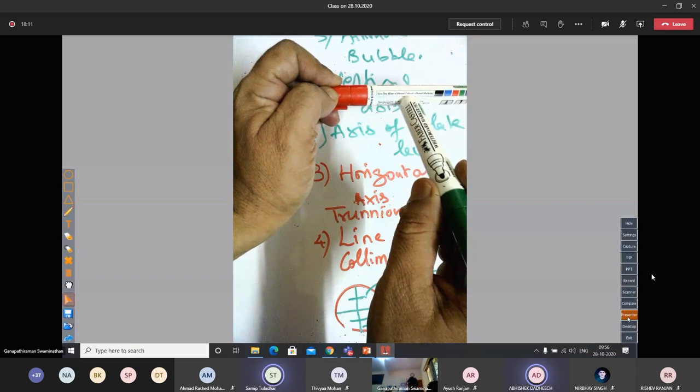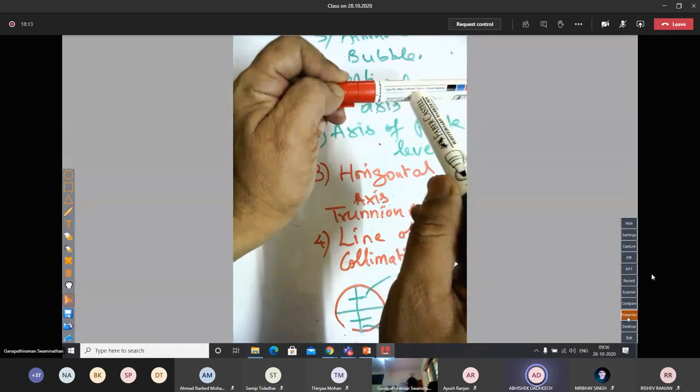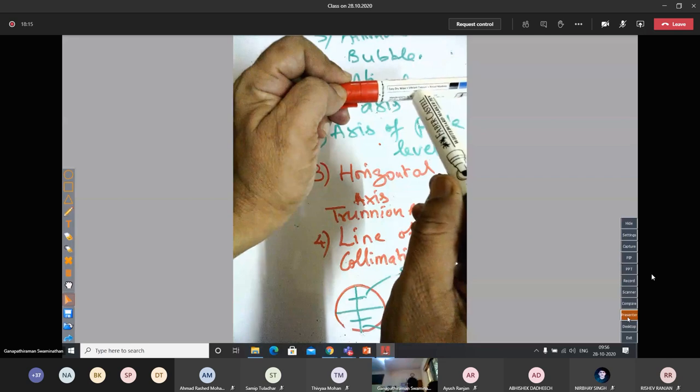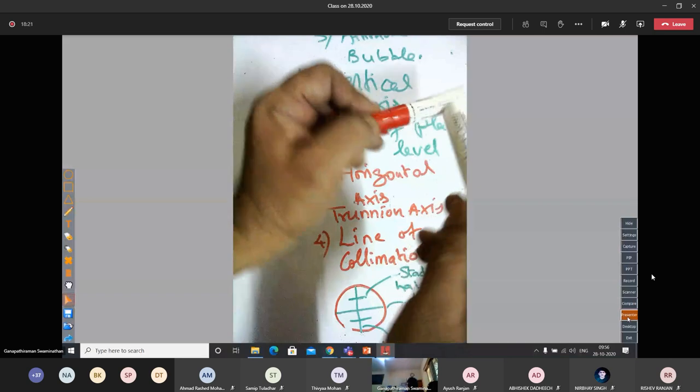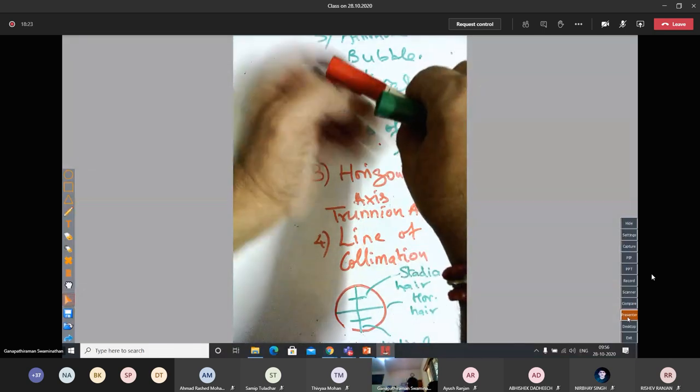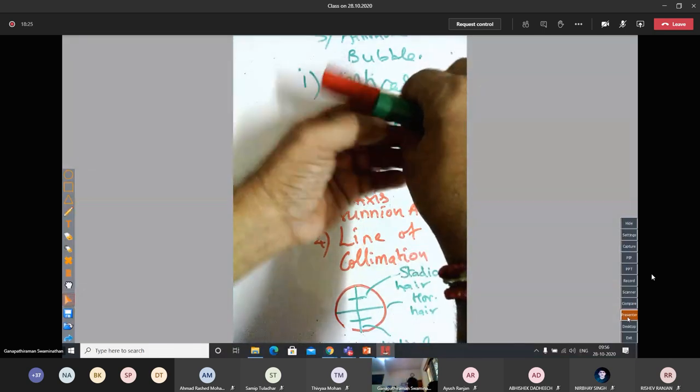Now this has two motions. The telescope can rotate about the vertical axis, because this is the horizontal axis. Along with that, the telescope also rotates. Are we able to understand this?